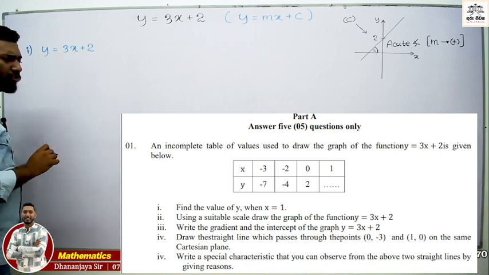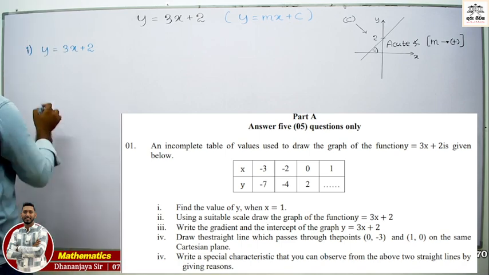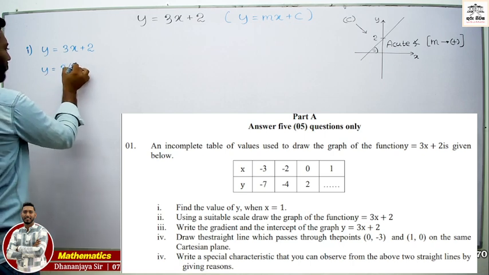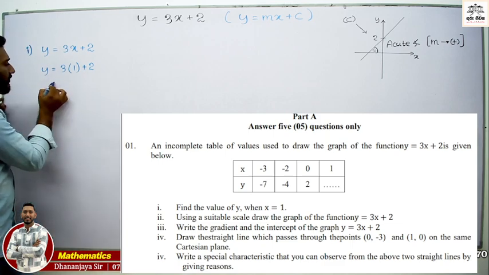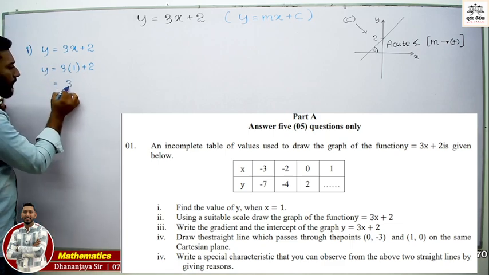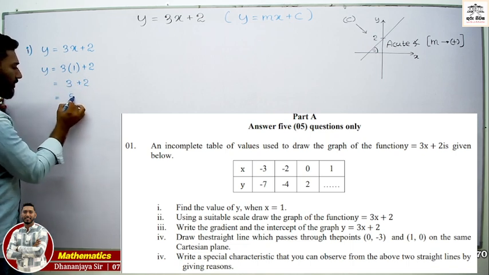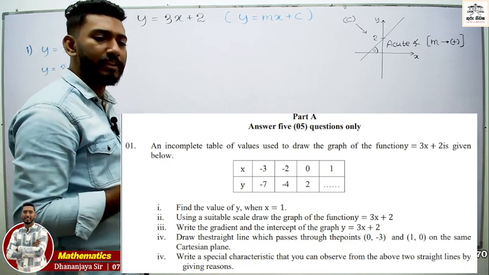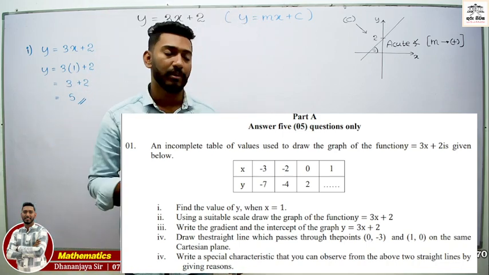Now x becomes 1, and you need to find the answer for y. Substitute: 3 times 1 is just 3, and 3 plus 2 is 5. Now this is the answer for y. When x becomes 1, then y becomes 5.